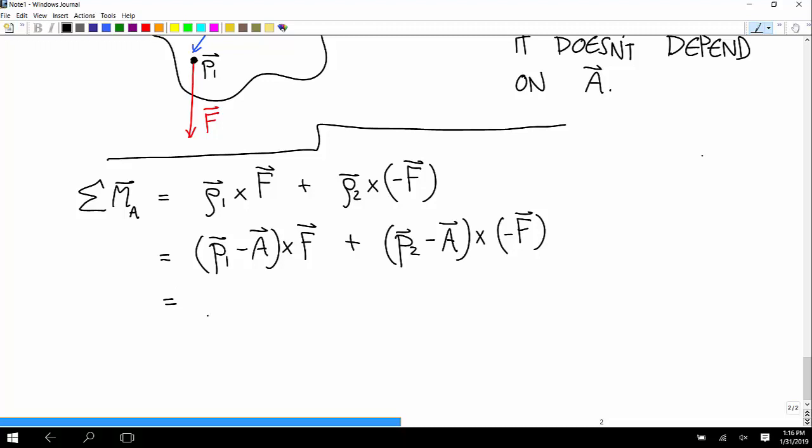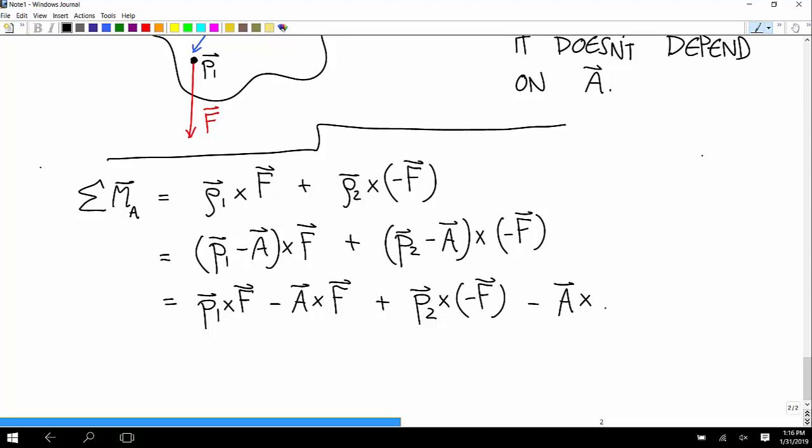So that's equal to P1 cross F minus A cross F. And the second one is P2 crossed with negative F minus A crossed with negative F. Now you can pull the negatives on those last two expressions out to the front.